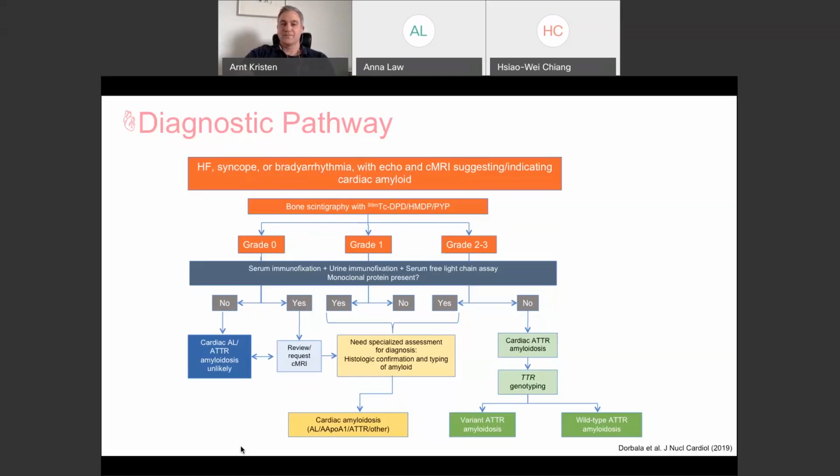So the pathomechanism of TTR-CM is shown on the next slide.